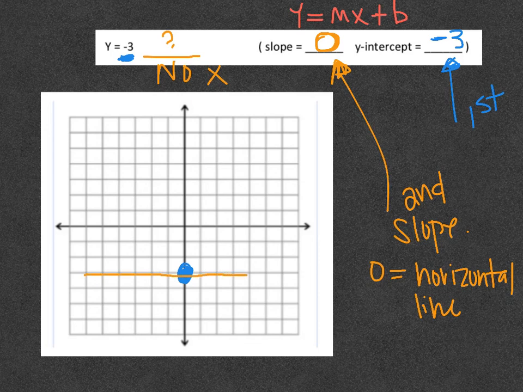It's only supposed to touch at -3, and it should be flat because my slope is 0, and I know that because there was no x in this equation. It just says -3, put a dot at -3, and then draw a horizontal line being flat for a slope of 0. Hopefully that helped you guys learn how to graph equations using slope-intercept form, y equals mx plus b.